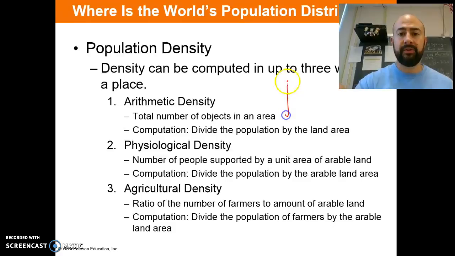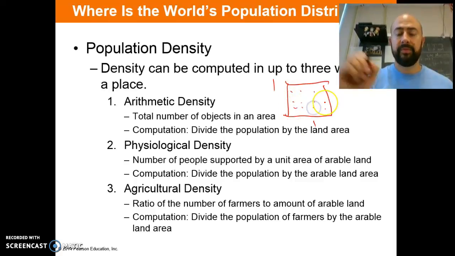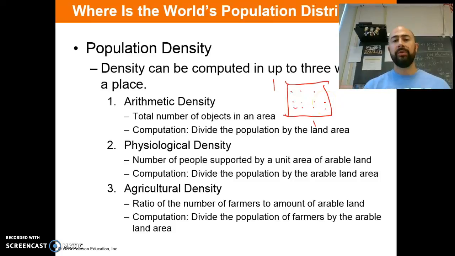So if we had a square that is 1 square mile, and we had 10 dots in it, we would divide those 10 dots by that 1 square mile and get an arithmetic density. It's simply the number of people that live there divided by the area. You get a very high number or a very low number, and that would tell you the density. Very high density, very low density.